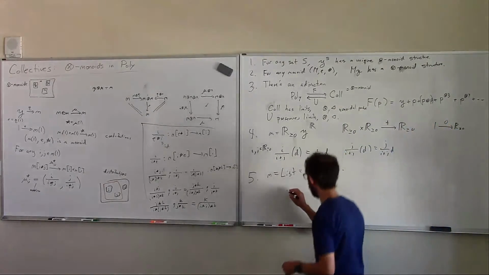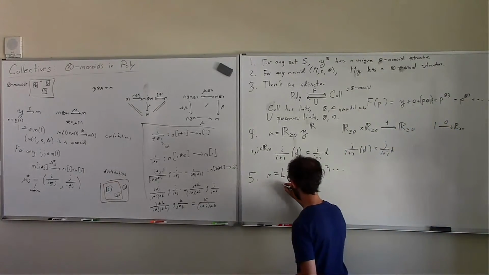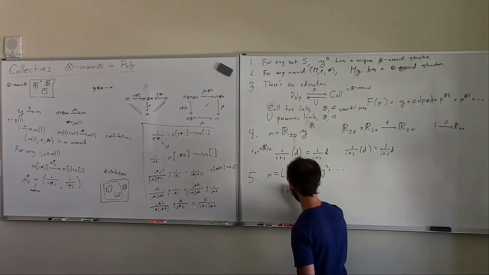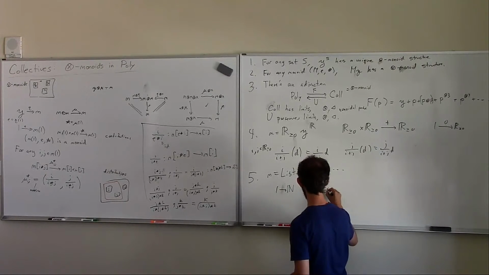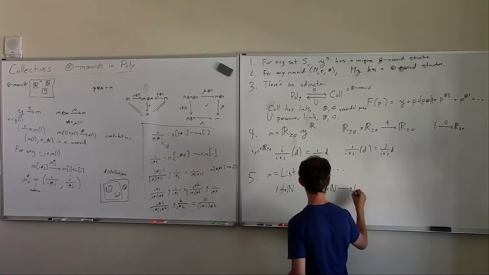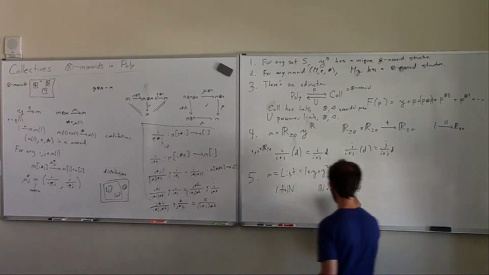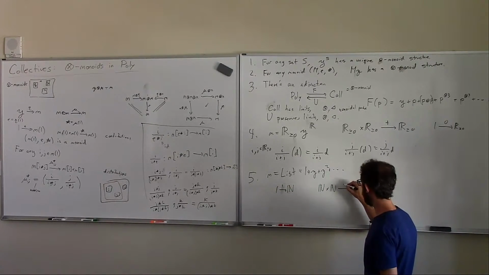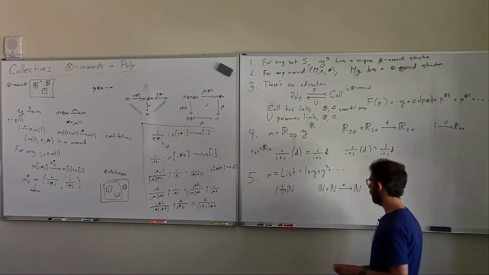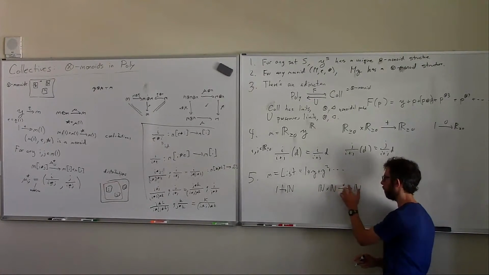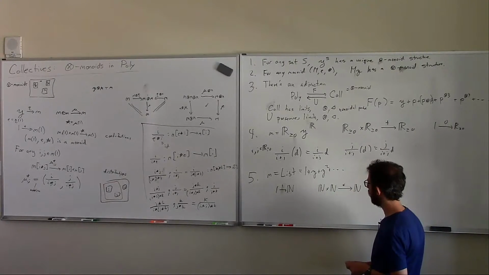So the positions of this are the natural numbers, and I need a monoid structure on the natural numbers. There are two that I can think of right now. This one is going to send the monoidal unit to 1, and the monoidal product will be times.